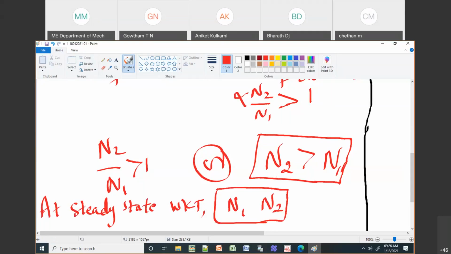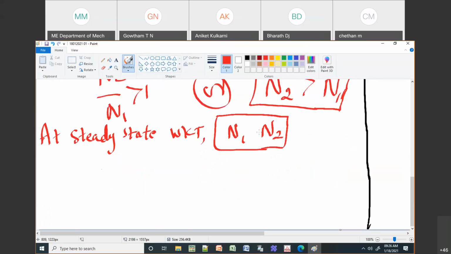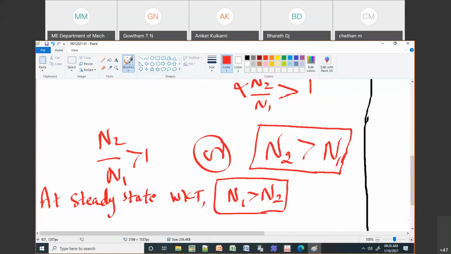You can open it and see. You took N2 by N1 is equal to e to the power of minus (E2 minus E1) by kT, and then you derived this equation. So the number of atoms in the ground state is always more than the number of atoms in the excited state, or the population of the ground state is more than the population of the excited state.